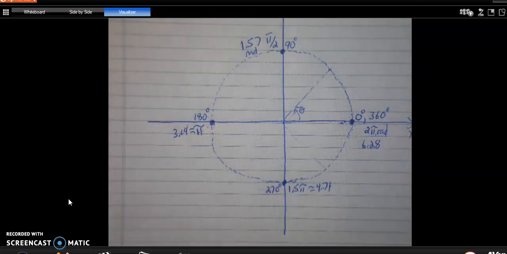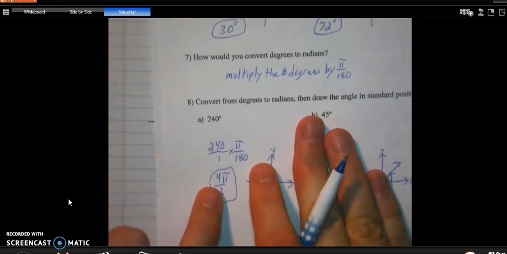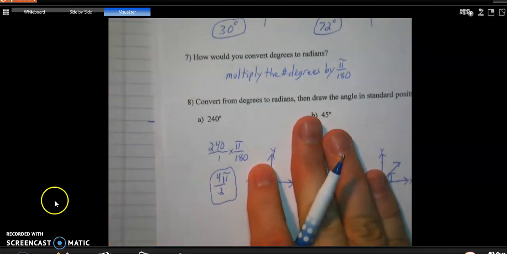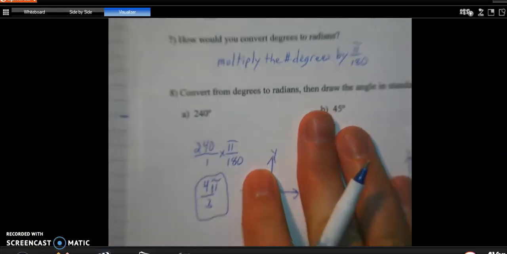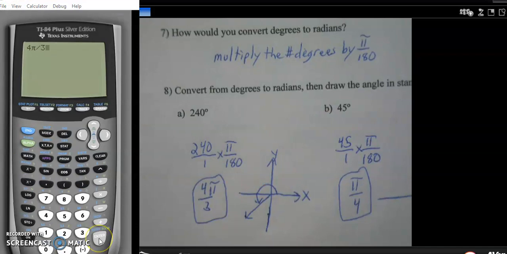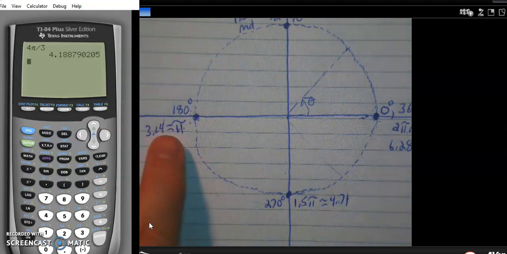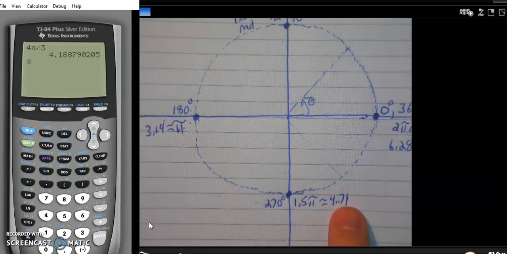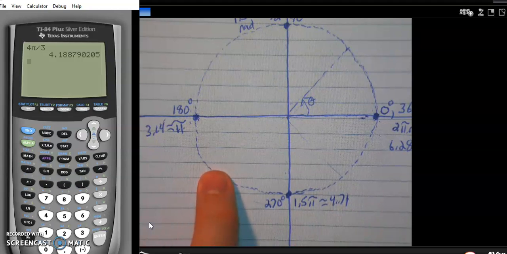So if we put 4/3 pi into our calculator, we end up with about 4.19 if we round it. And remember that 4.19, here's 3.14, here's 4.71, so 4.19 is going to be down here in quadrant 3.